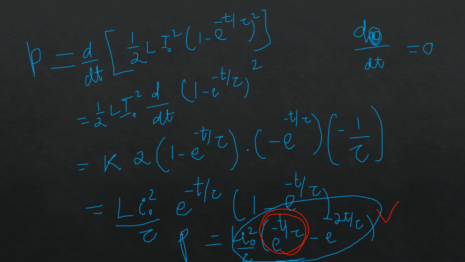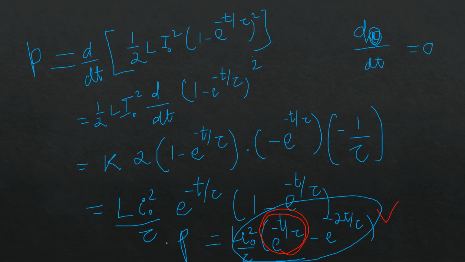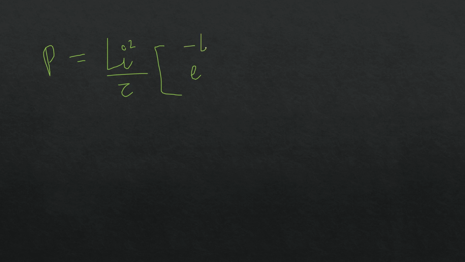So now, in place of e to the minus t by tau, put 1 by 2. Let me write this whole thing again. P is how much? P is I naught square by tau, e to the power minus t by tau minus e to the power minus 2t by tau.